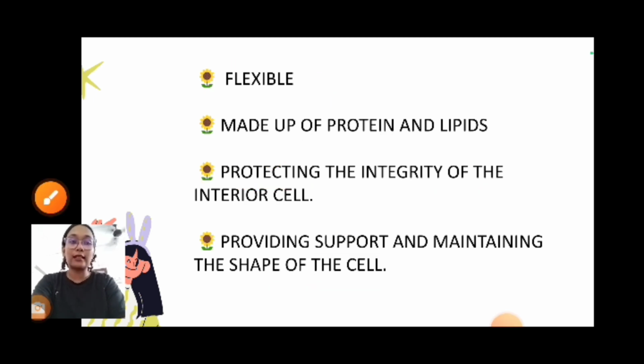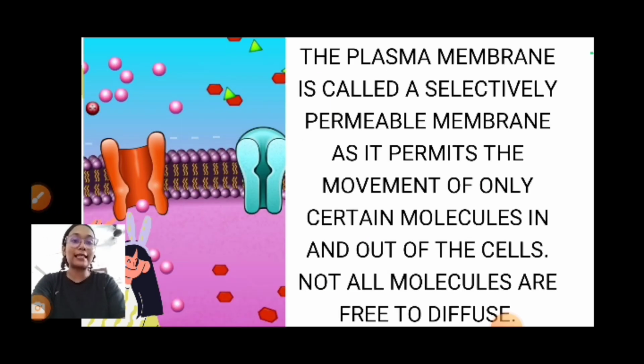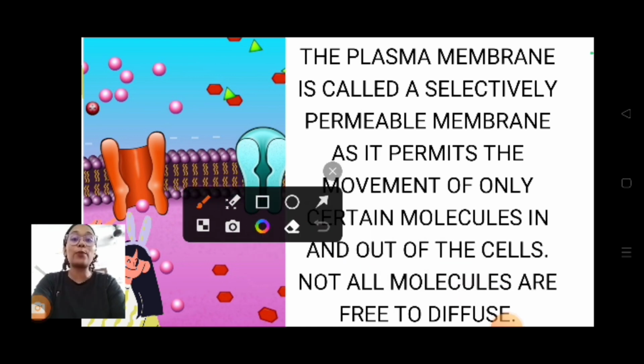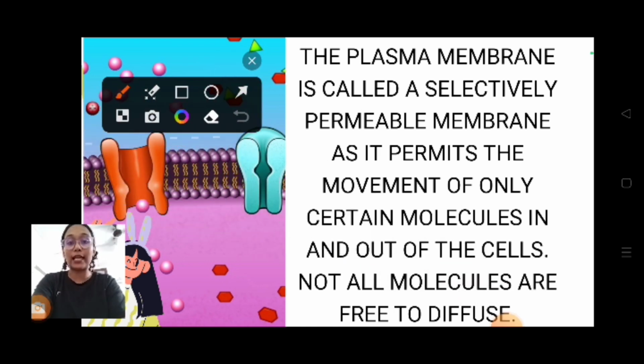Understanding? Moving on to the next slide. The plasma membrane, or cell membrane, is called a selectively permeable membrane. Why is it called selectively permeable? It is called so because it permits only a certain amount of molecules. Not all molecules can pass through the membrane.